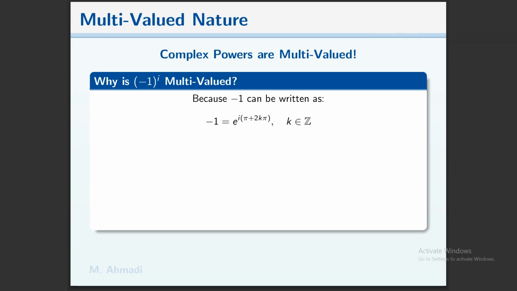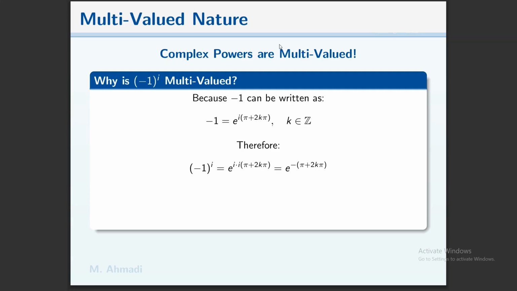Because minus 1 can be written as e to the i multiplied by pi plus 2k pi, where k is an integer. Therefore, minus 1 to the i equals e to the i multiplied by i times pi plus 2k pi, which equals e to the minus pi plus 2k pi, because i times i equals minus 1.